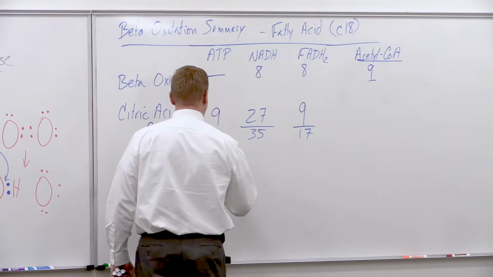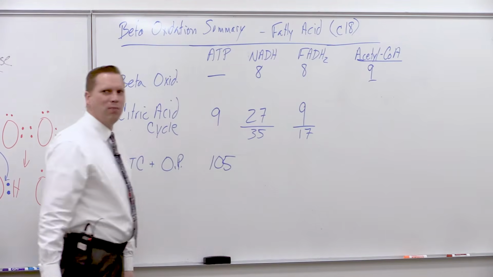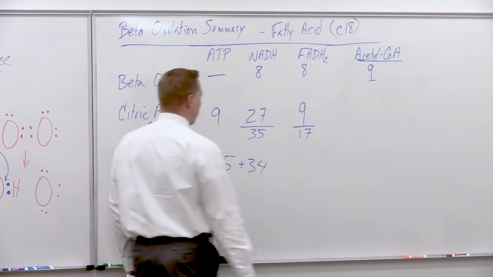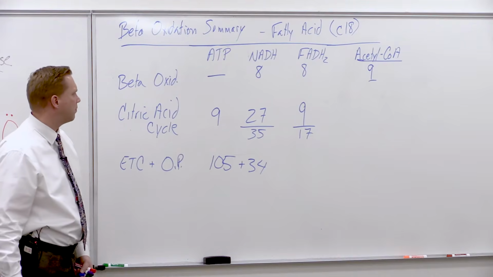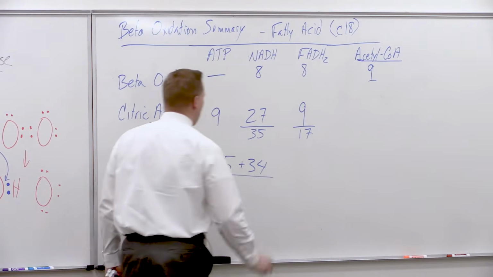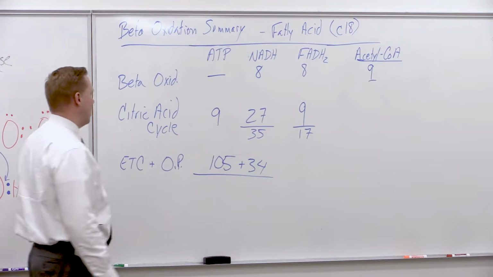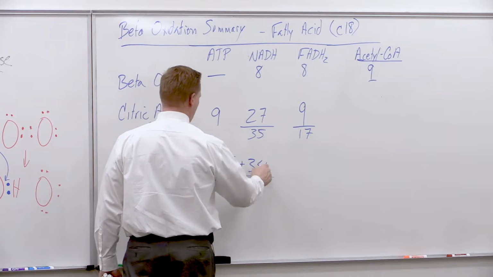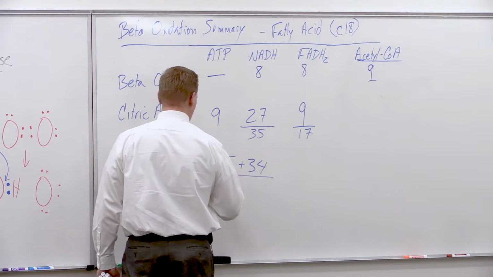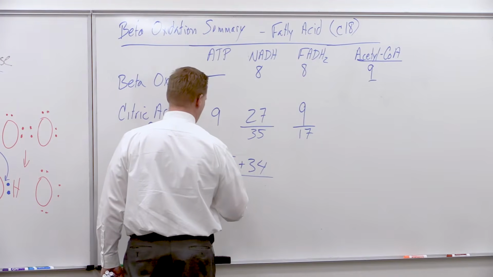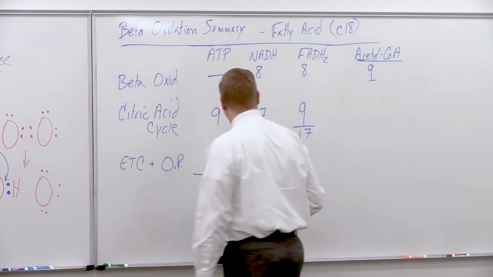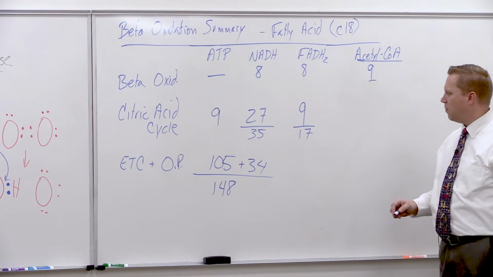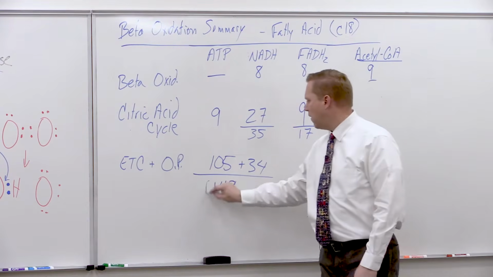That is a staggering 105 ATPs plus another 34 from my FADH2s. So by breaking down one fatty acid, I'm going to get 139, and if I've done the math correctly, about 148 ATPs out of one fatty acid.